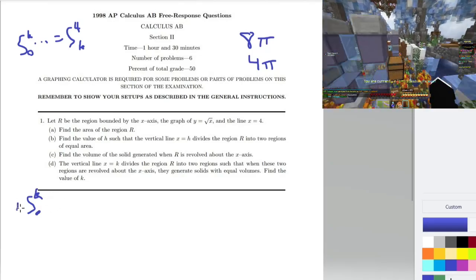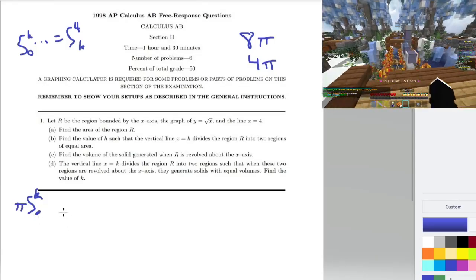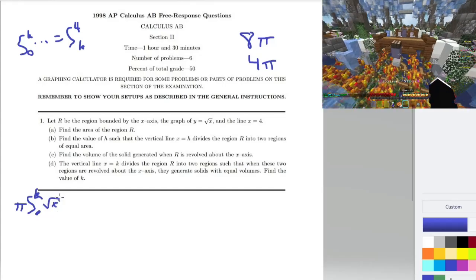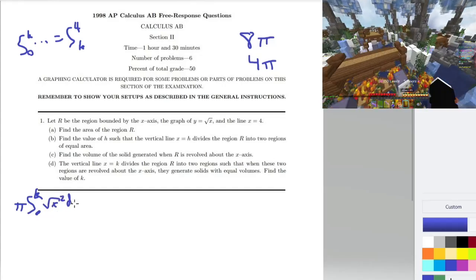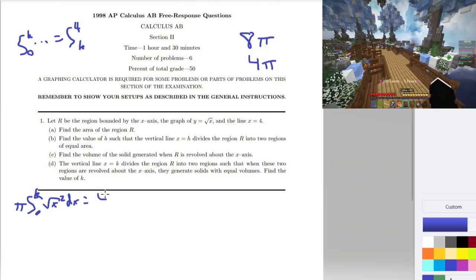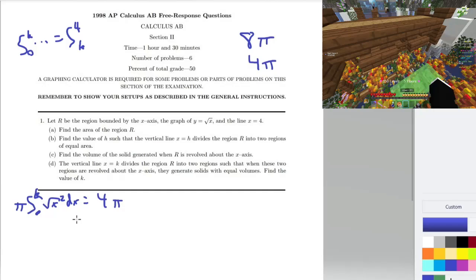We're revolving it, so remember again, it's V equals pi times r squared, and we have this x in here. dx is going to be equal to 4 pi because it's half. The 2 volumes must equal each other.